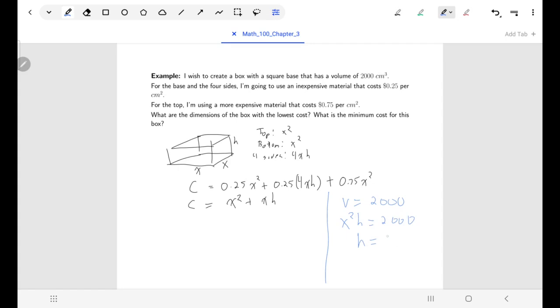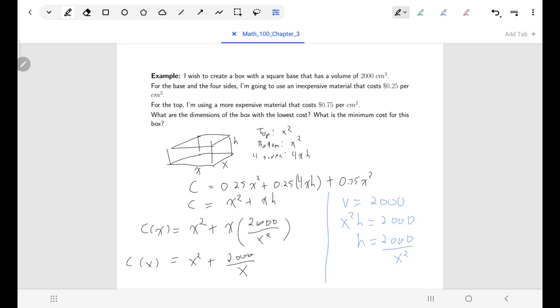Or in other words, h can be replaced with 2,000 divided by x squared. So that's going to allow me to come up with a cost function just in terms of x. If I replace my h with 2,000 over x squared, then I now have my cost function is just x squared plus 2,000 over x.